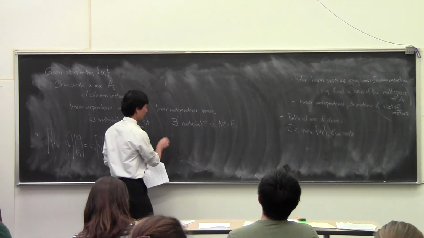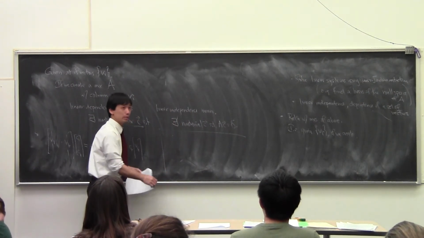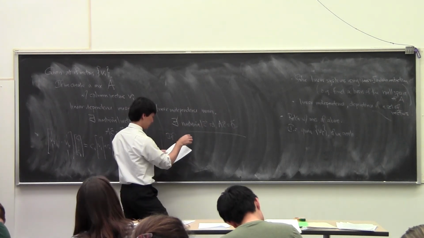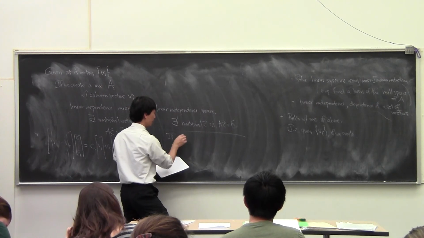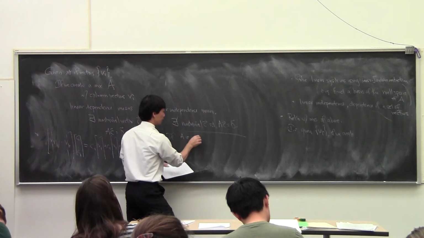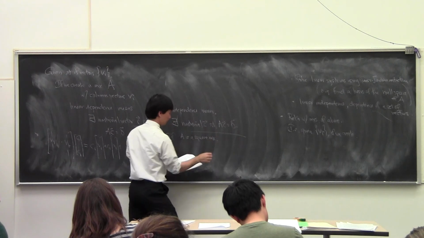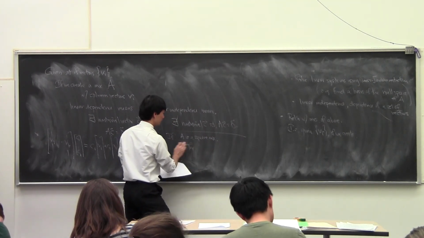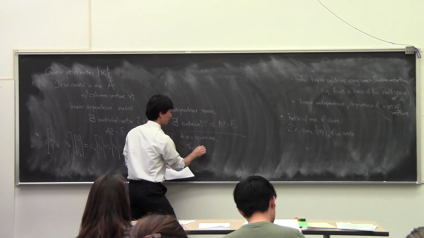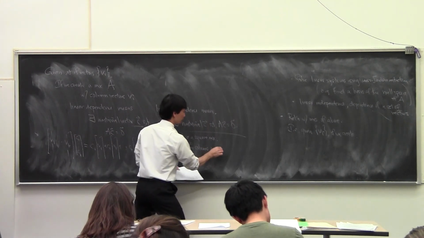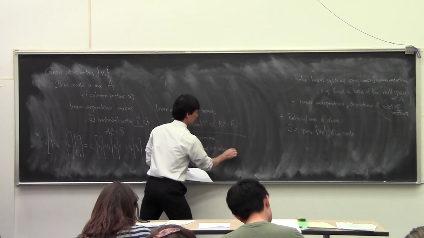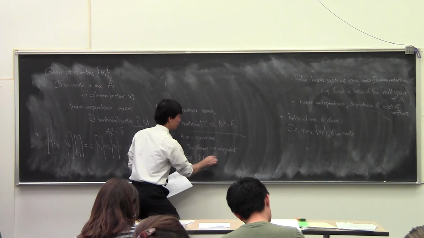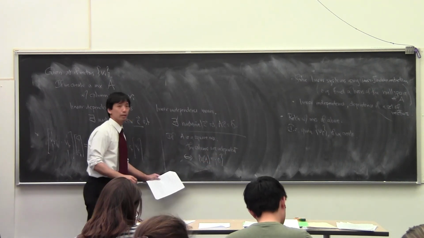Okay, so connecting backwards to what we said about the determinant, right? If A is a square matrix, then the vectors, the columns, are independent if and only if the null space of A is trivial, right?